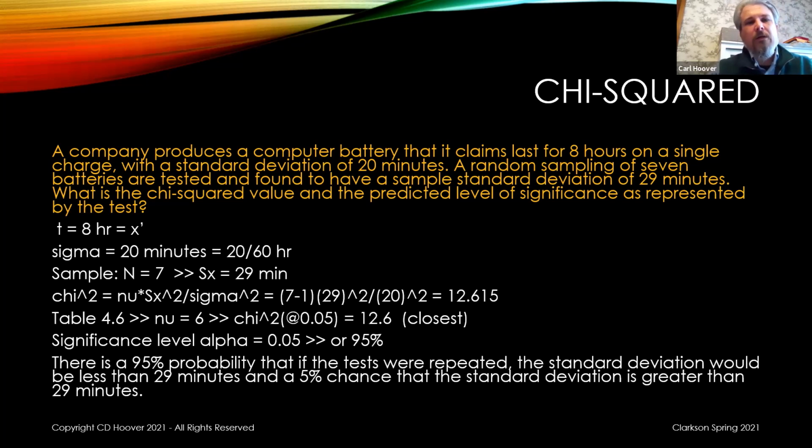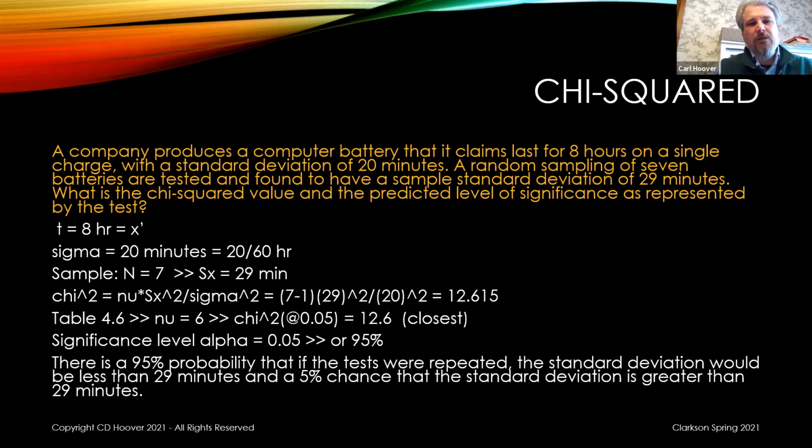And so in this case, nu is 7 minus 1 times 29, the sample standard deviation, squared over 20, the actual standard deviation, squared, and we get a chi-squared of 12.615.